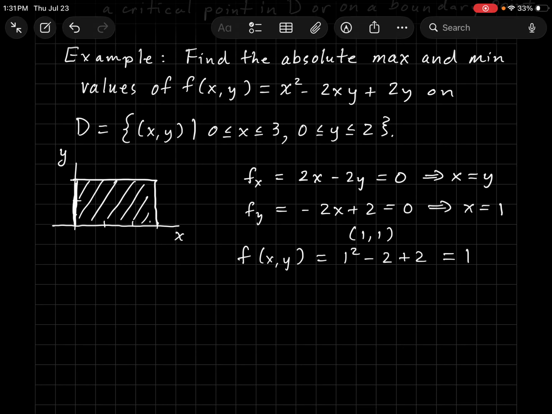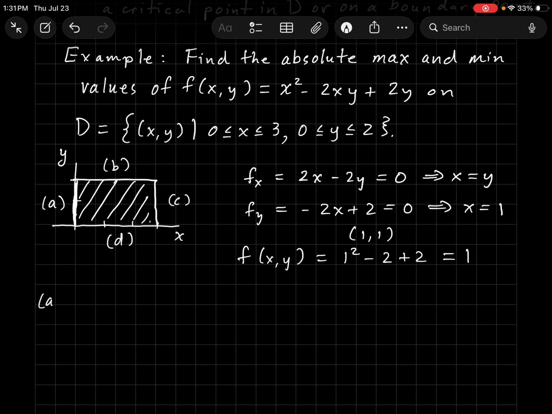All right, now here's the part that's going to take a little while. How do we find the values on the boundaries? So we're going to do one boundary at a time. I'll call this boundary A, and then we're going to go clockwise B, C, and D, and look at each of these boundaries individually.